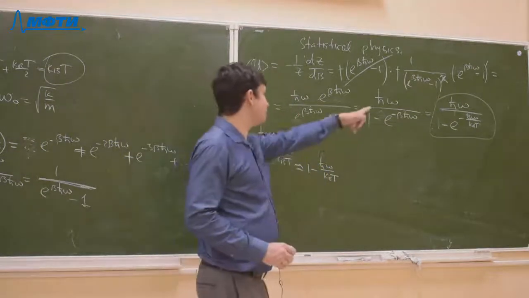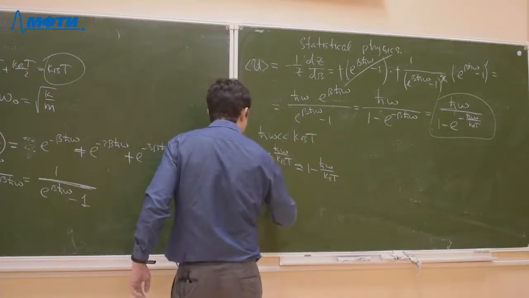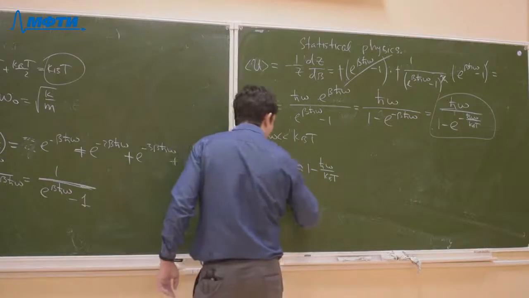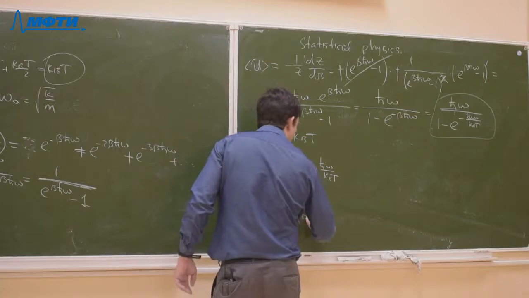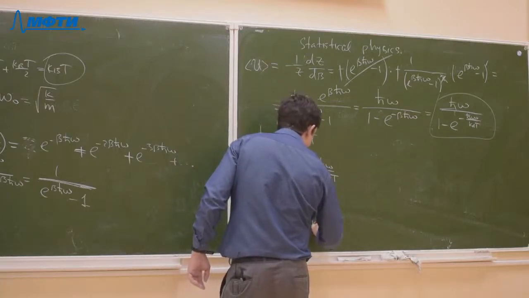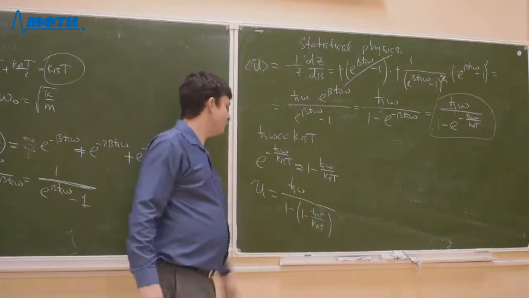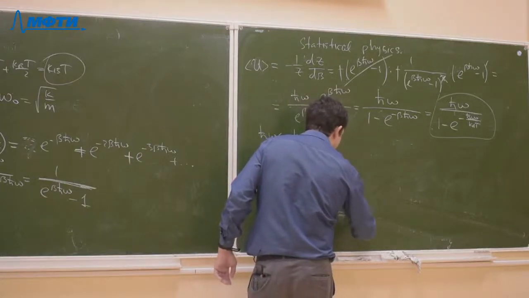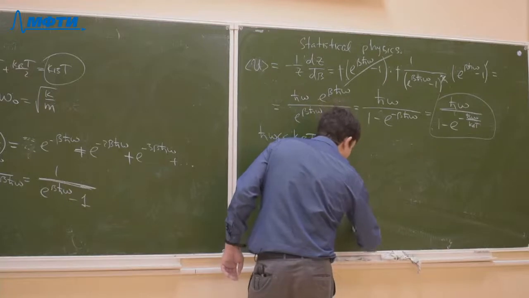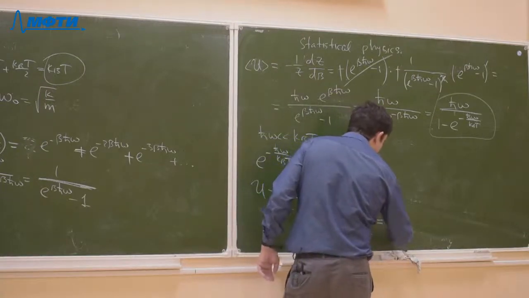Then inserting this into this expression, for h omega much less than kBT, we have the internal energy equal to h omega over 1 minus, h omega over kBT. After we open these brackets, we have at the end h omega over h omega over kBT. Then h omega gets cancelled out and only kBT remains.